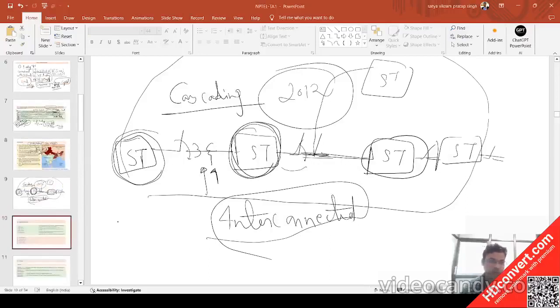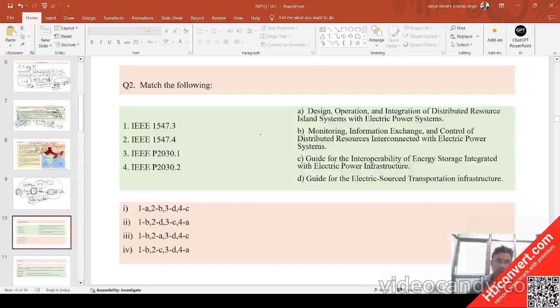Let's go to the next question. This is related to certain standards, that is a memory based problem. I have told you why standards are important. Standards are important for the connections, for the penetration of various kinds of load into your smart grid or grid. So you can guess it.